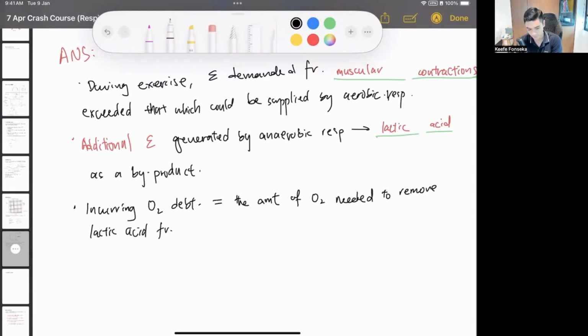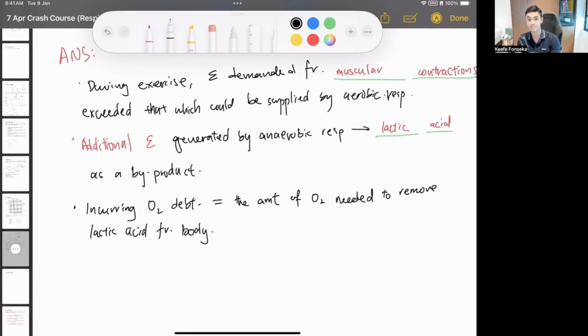Okay, last year, 2023 and before, this concept was more in-depth in the syllabus. But now in 2024, they've made this simpler. They've reduced it, so that's why the definition is also simpler. Last time, it used to be the amount of oxygen needed to oxidize lactic acid back into glucose at the liver, which is actually what happens now.